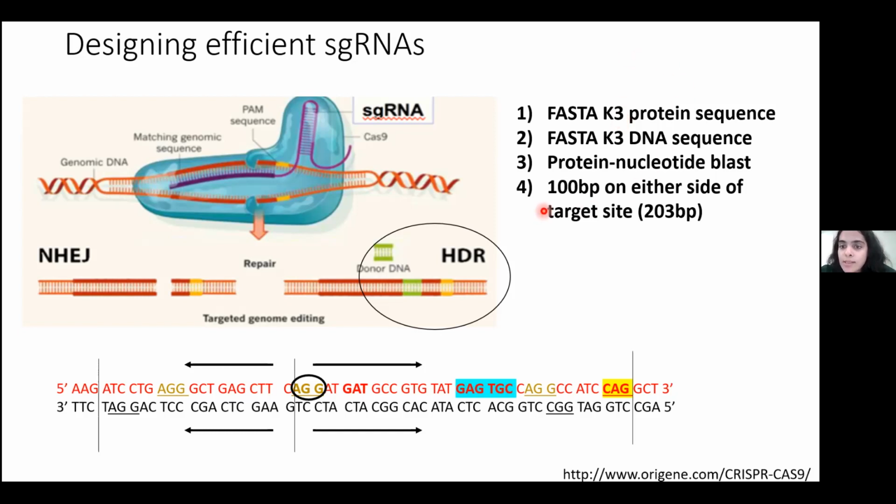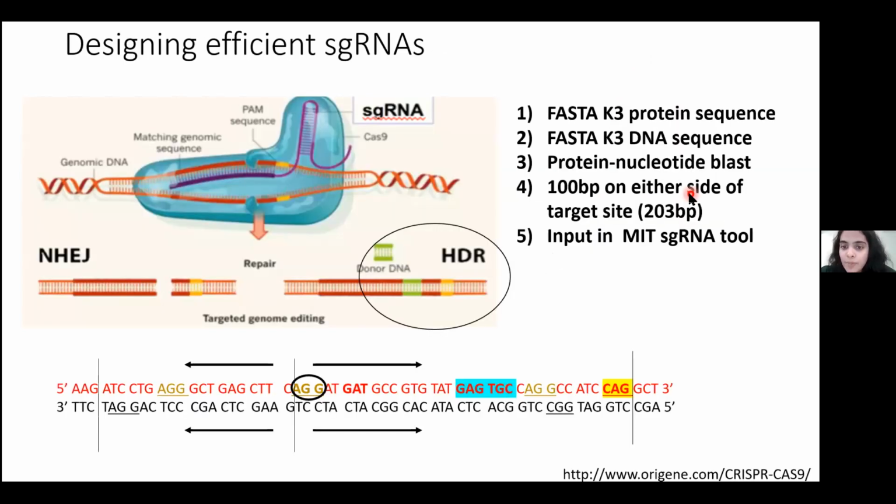So in this case, 100 on either side, and the 3 nucleotides coding for that amino acid, 203 base pairs, and you input that in this MIT sgRNA tool, or you can also use something else called Cas9.